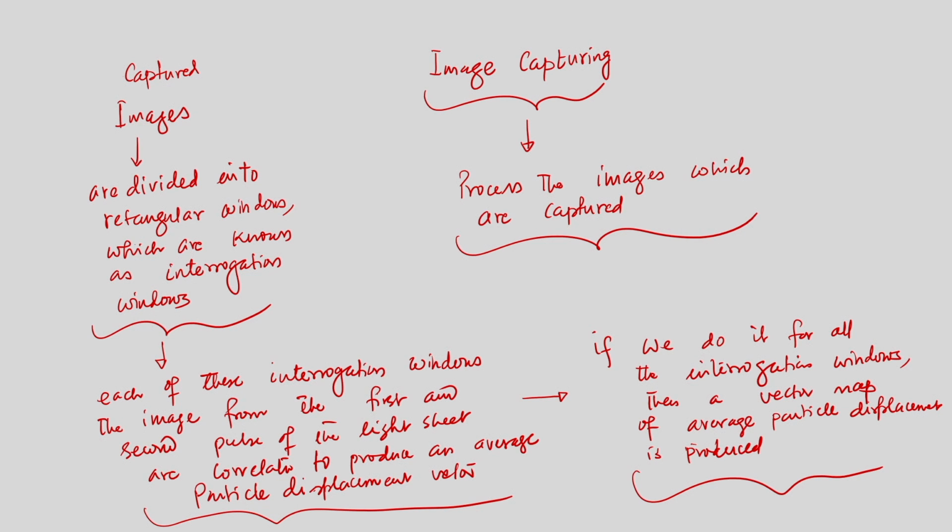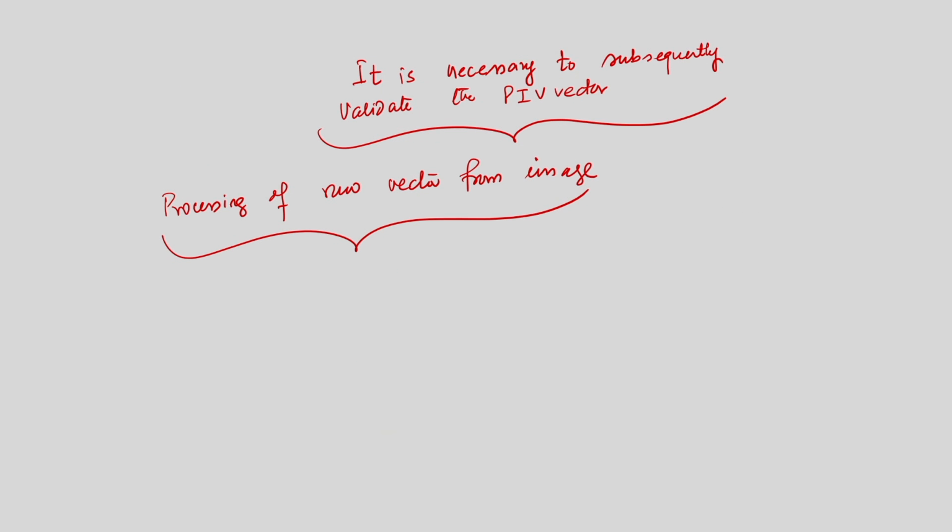The captured images are correlated to the raw vector, and that is done using two different methods.